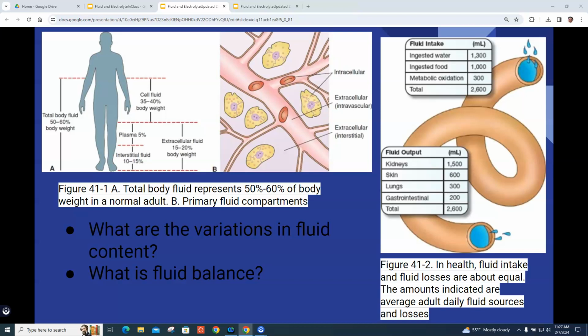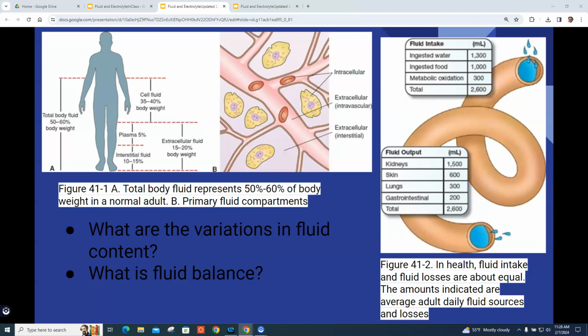So for example, if someone weighs 140 pounds, at the highest, 60% of their body weight in water accounts for 84 pounds of that. The different factors that make a variation in fluid content include age, amount of body fat, and even biological sex.